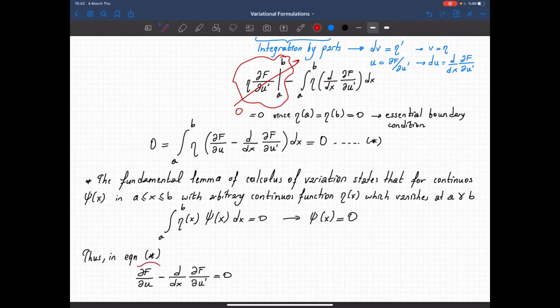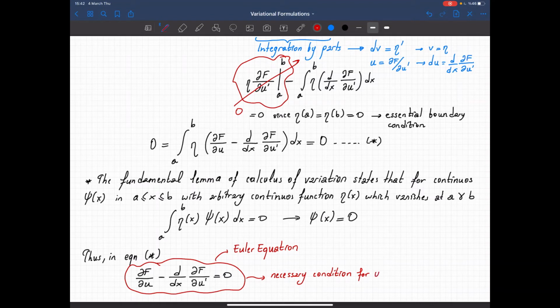This equation is called the Euler equation, and remember that that is the necessary condition for u of x to extremize the P.